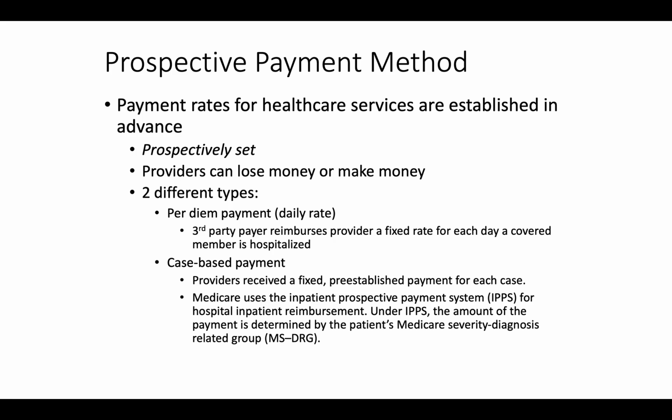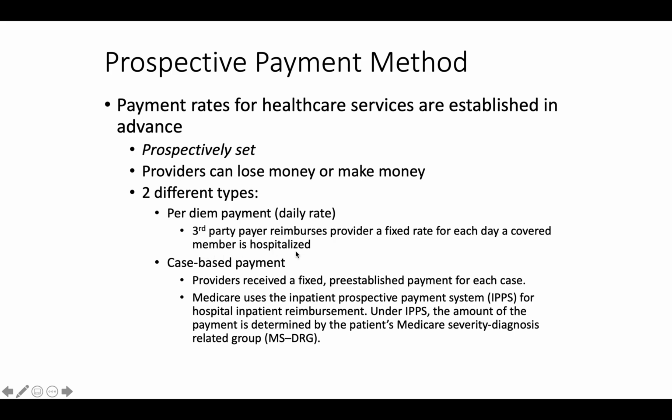They receive the amount of money, but they don't know whether they will spend more money in providing care or not. There are two different types of prospective payment method. Per diem payment, which means a daily rate. So third-party payer reimburses provider a fixed rate for each day a covered member is hospitalized.